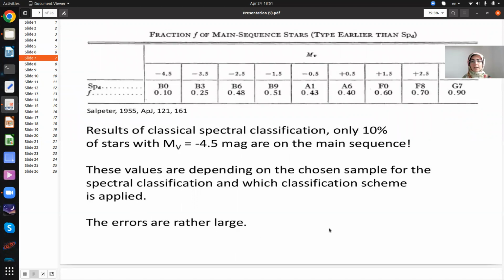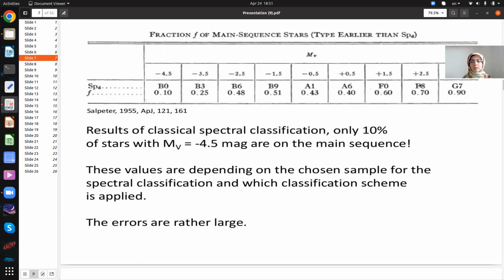Here you see the fraction of main sequence stars of type earlier than SpD. For example, here we see the result of classical spectral classification. For example, 10% of stars with MV equal to minus 4.5 magnitude are on the main sequence for B0 type stars.